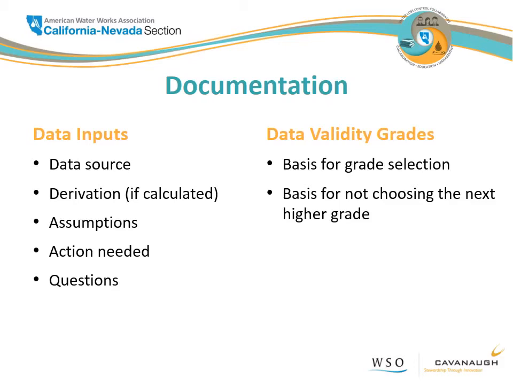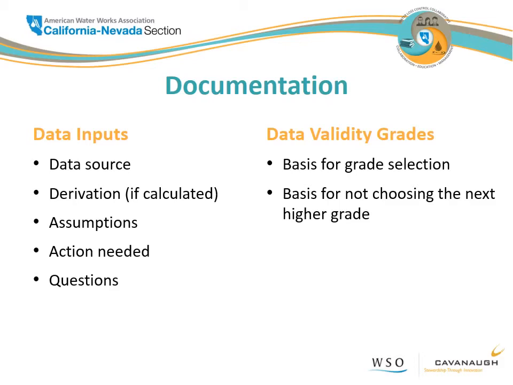In particular, if you got to a 6, read through a 6, and you met or exceeded all of those, and then you looked up at an 8, and maybe you met some of the 8, but there was one particular item that you did not meet in the 8. That would be a good thing to document, because then remember when you're picking this up months down the road, you can look back and easily and quickly recall why you didn't go with an 8, why you went with a 6 or a 7.